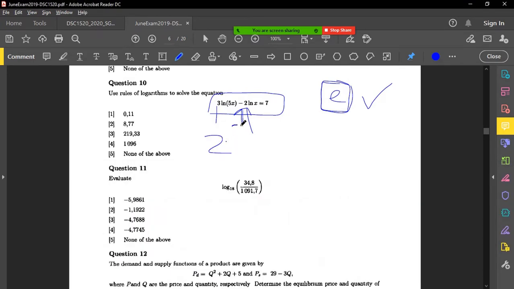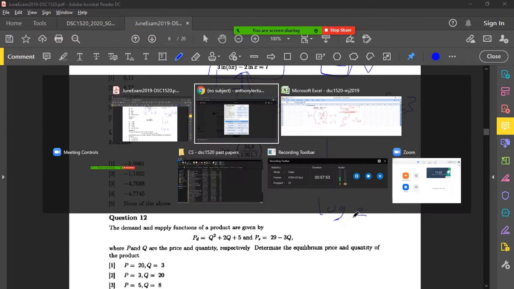Then what do I do when I have that? I write it down as a normal equation. Log is a power. Obviously I just have to apply it, because if it's ln, it'll be log e. Does it make sense? Yes.